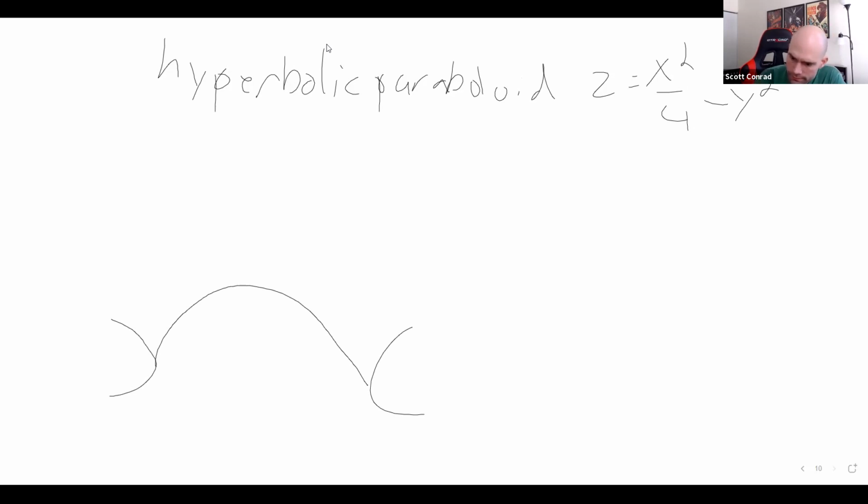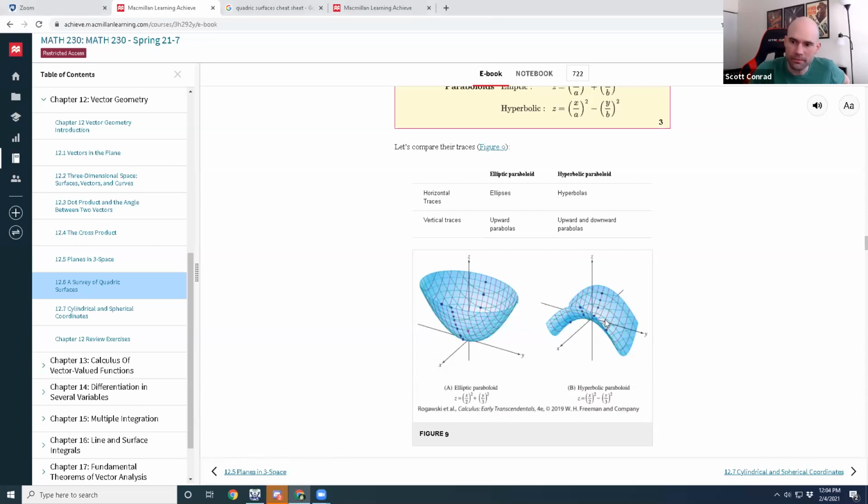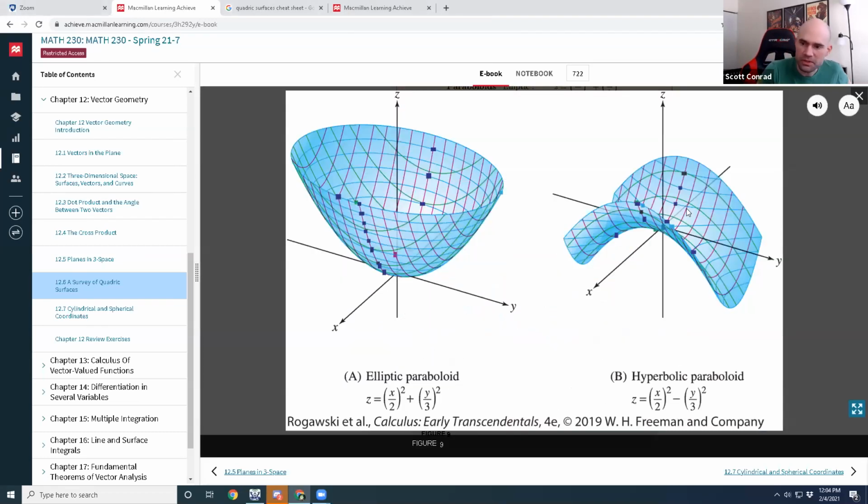You know what? I used to be able to draw these, and I'm drawing a blank here. This is one reason why it's nice to have this on hand. This guy right here. It's going to look like this. Similar to that. It's going to be a saddle-shaped dude.